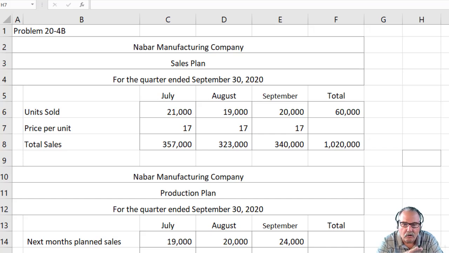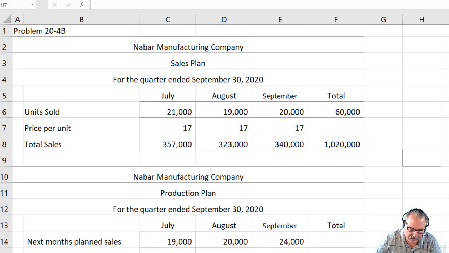So this whole process can obviously be very complicated. This is a company that has one product, and it's going to be fairly comprehensive in and of itself. But the point is, this is what we would call a master plan. We're going to plan for 3 months ended September 30 of 2020.